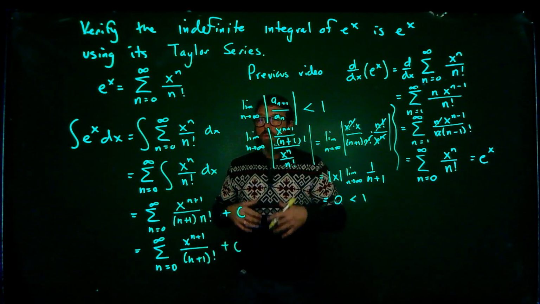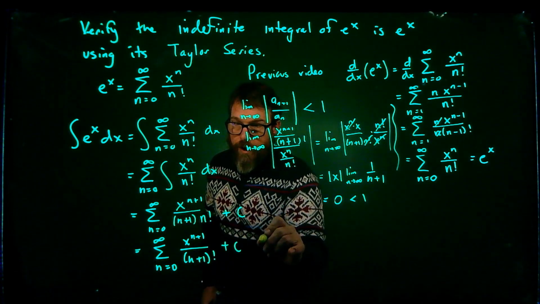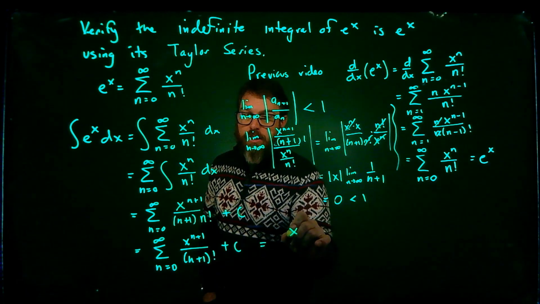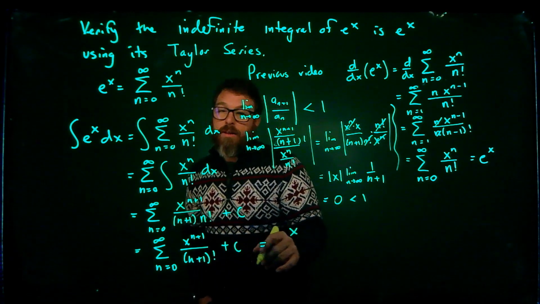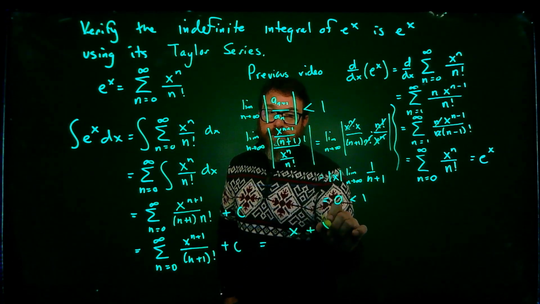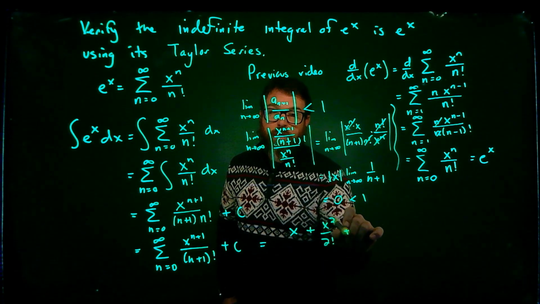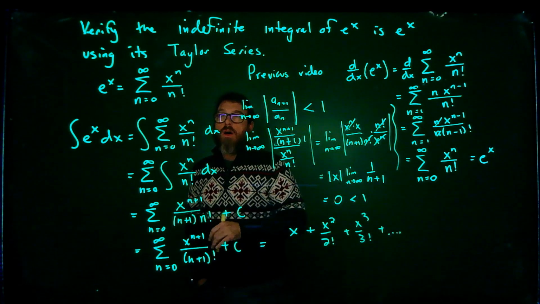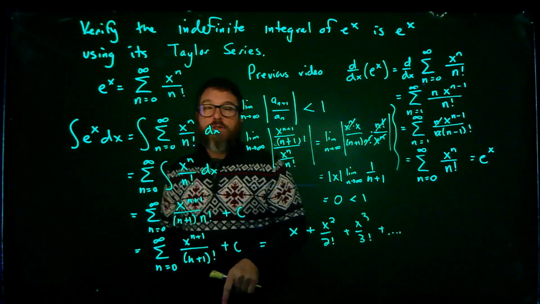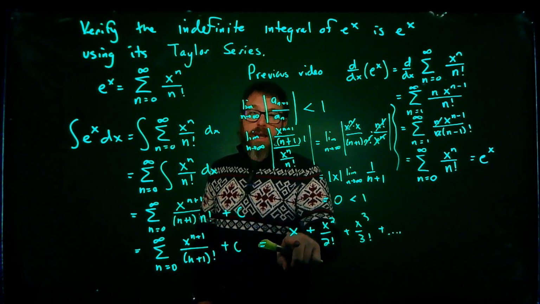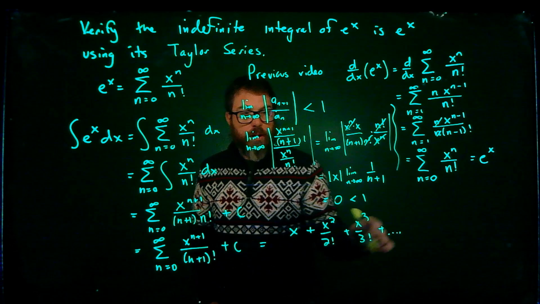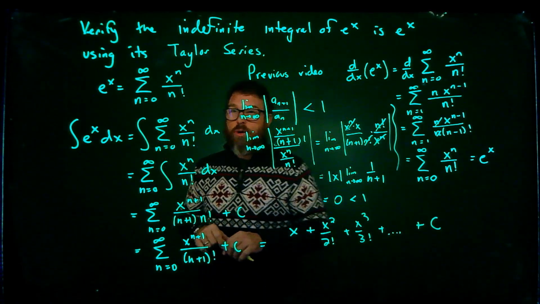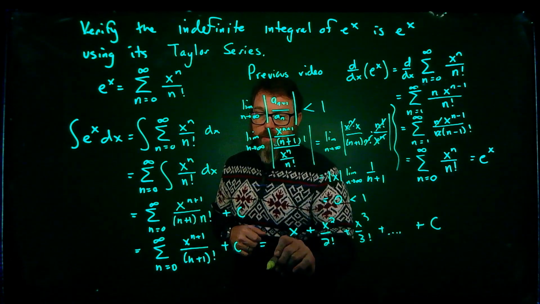Now what we know is when we plug in n equals 0, this is going to be x all over 1, plus x squared over 2 factorial plus x cubed over 3 factorial, and so on. And this original Taylor series actually has 1 plus x plus this. So it's really missing this 1, but since this has the plus c, these things really only differ by a constant. So we can see that this is still e to the x plus c.